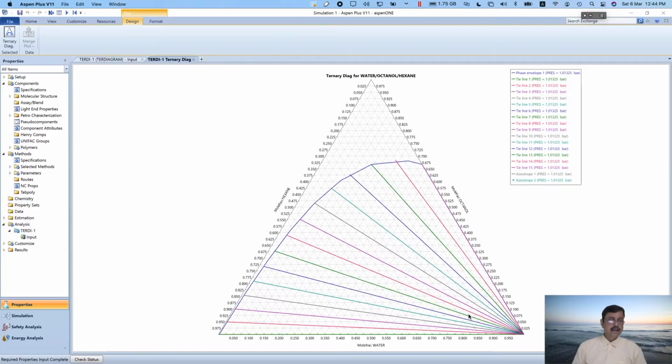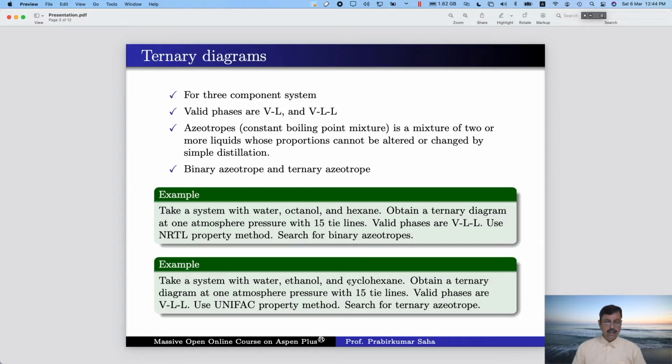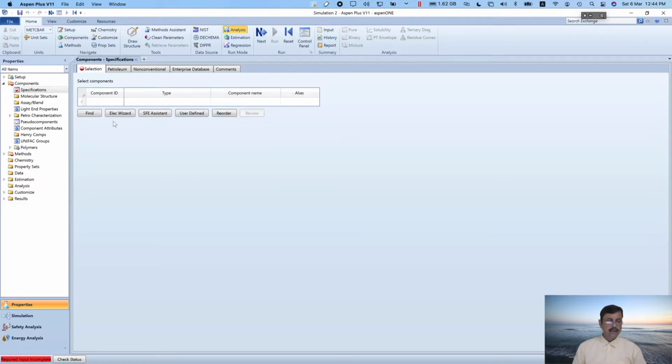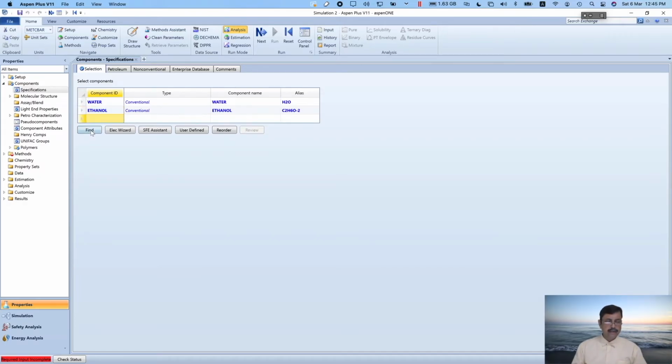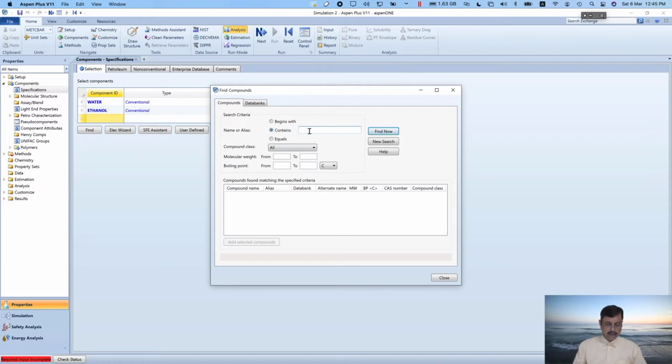So for that, let us open a new simulation. So we have water, ethanol and cyclohexane. So let us write water, ethanol and cyclohexane.